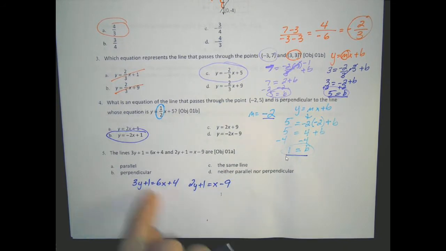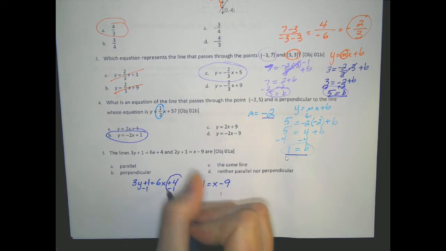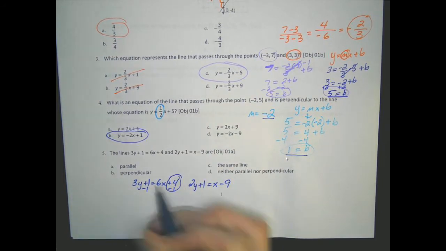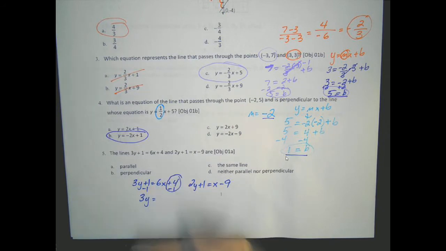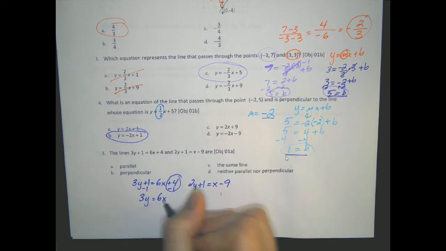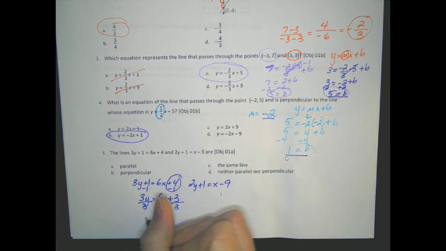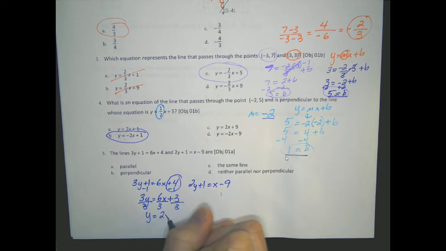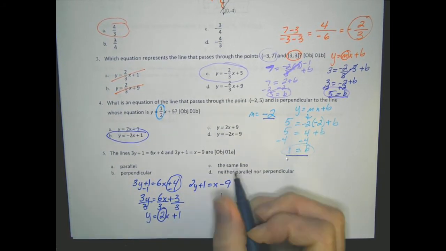So for this, I want this to be y is equal to, so I'm going to subtract 1 from both sides. I'm going to pair this with this because those are the terms that I can combine. So this is 6x plus 3. Then I divide each term by 3. So y is equal to 2x plus 1. So the slope of my first line is 2.